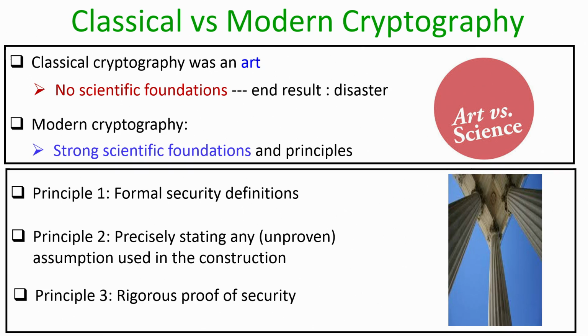Looking ahead, we will see in this course that the security of all the crypto primitives we design will be based on some unproven hardness assumptions. And principle 3 states that once we have the construction, we have to formally prove that it satisfies the definition given in stage 1.